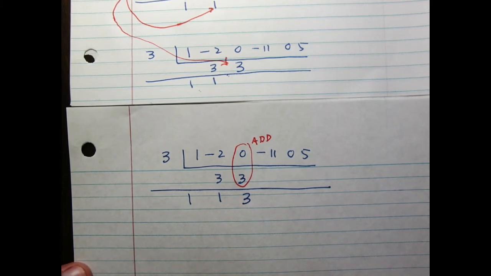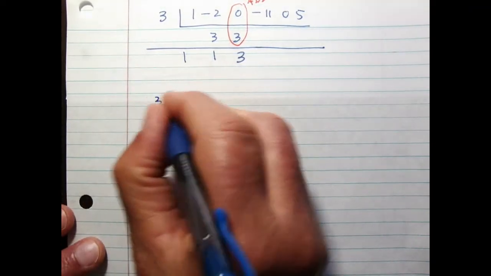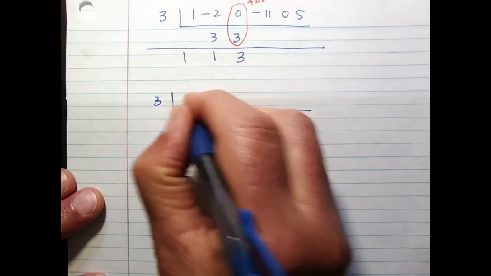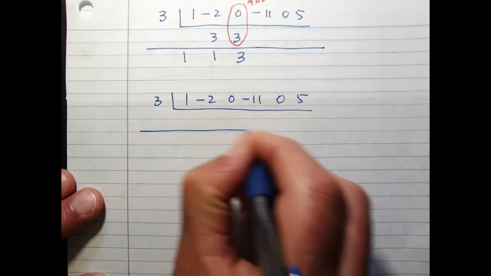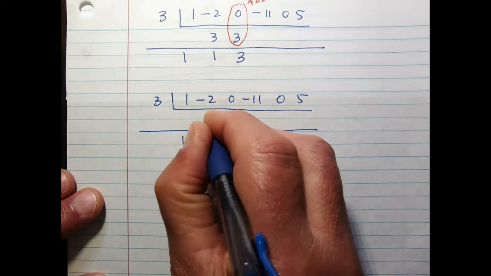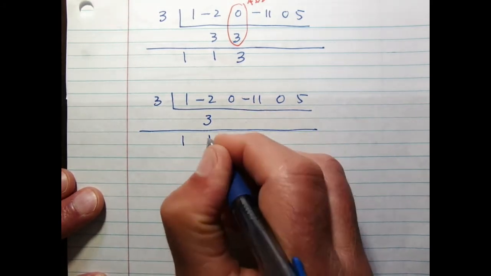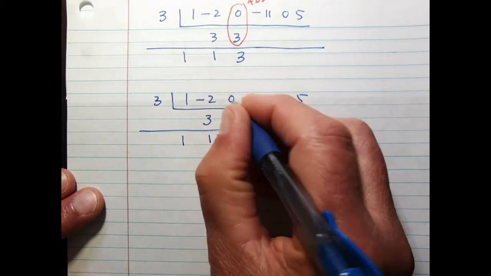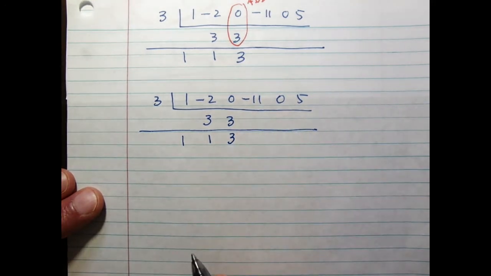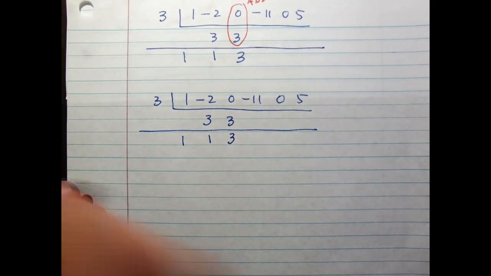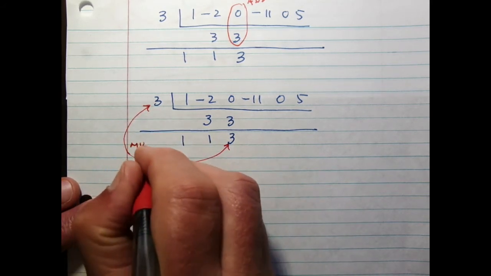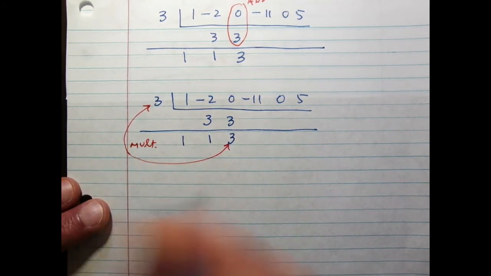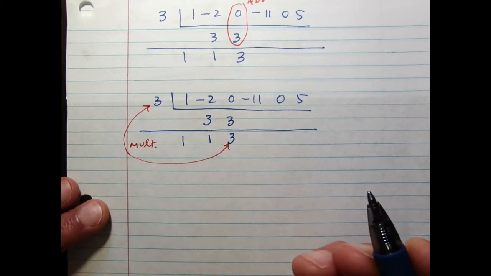And now I go on to multiply. I guess I'm going to write one more line. 3, 1, negative 2, 0, negative 11, 0, 5. We brought down the 1. 1 times 3 is 3. Add these two, I get 1. Multiply, I get 3. Add these two, I get 3. So now we're going to multiply this result times 3.